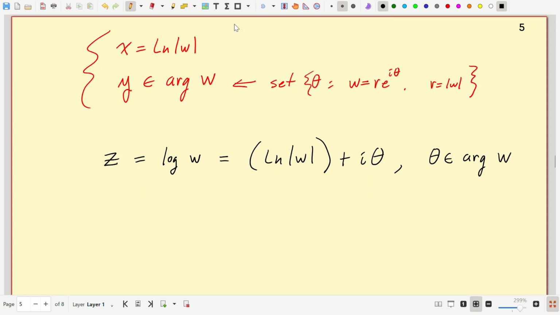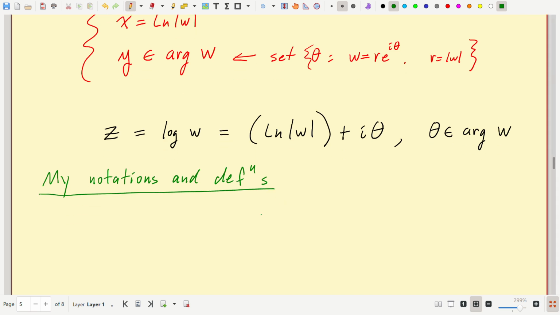Okay, so here's my notation and my definitions. Ln is reserved for real positive numbers.